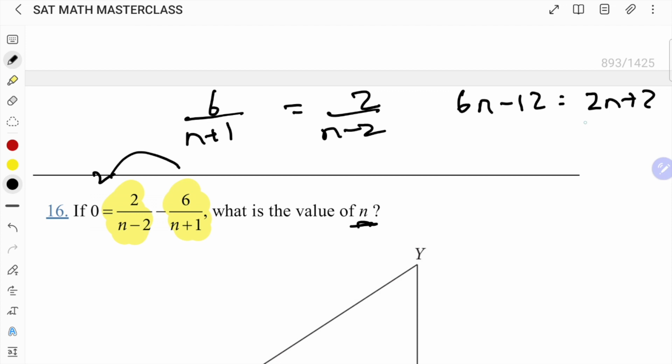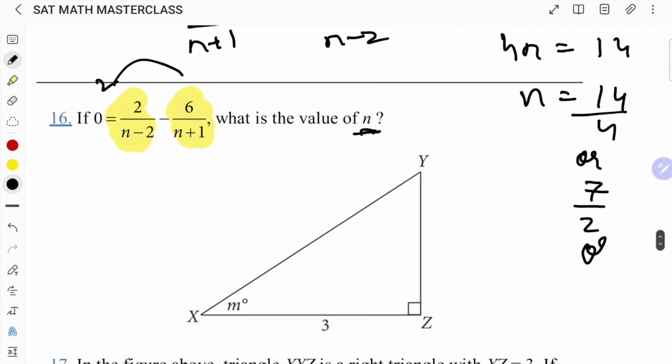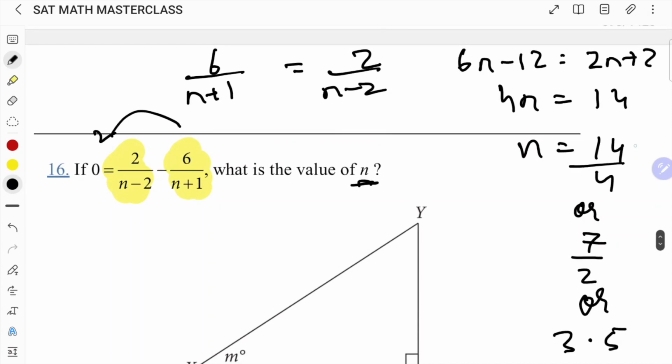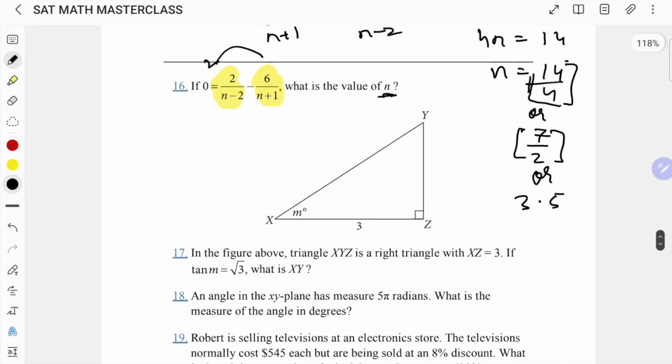Then you take 2n on the other side, so we get 4n, and we take 6 on the other side, so we get minus 10. You now have different ways to write this: as a fraction, or as a decimal. I think the best way is to write it in the simplest form. This is what I would prefer to write with. Let me just erase these off.